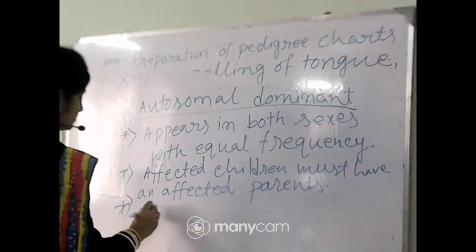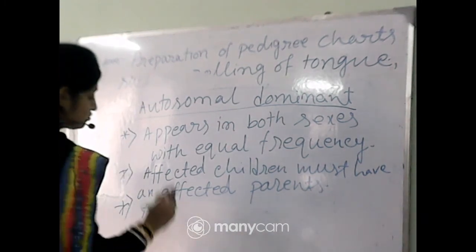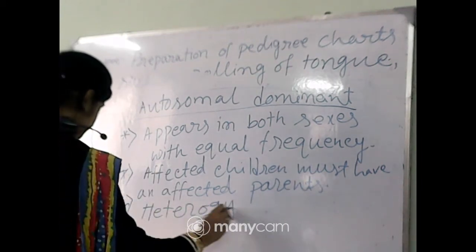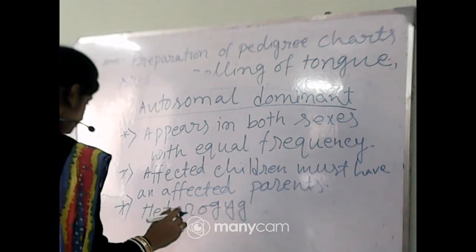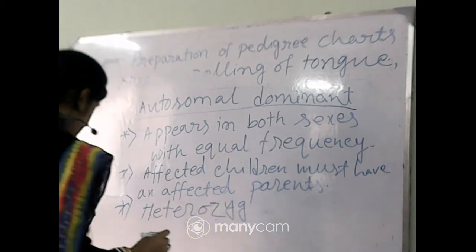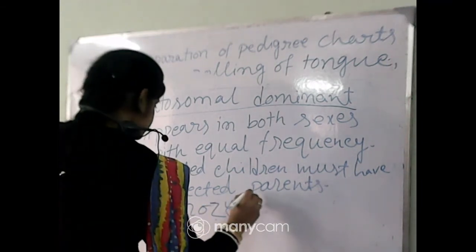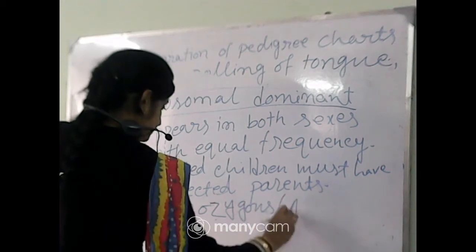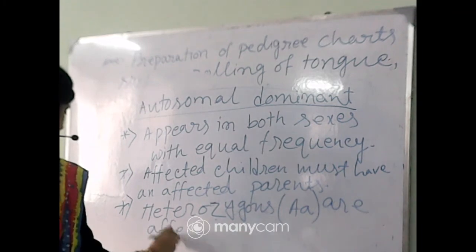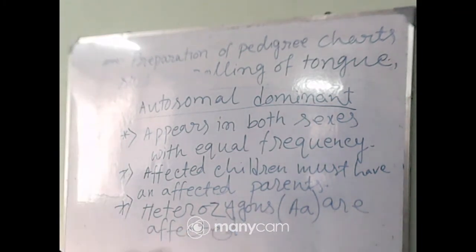Obviously heterozygous means the genes are not the same: one is capital, one is small. This type of form is affected. So remember, this type of characteristic appears in both sexes with equal frequency. Affected children must have an affected parent. Heterozygous are affected. Okay.